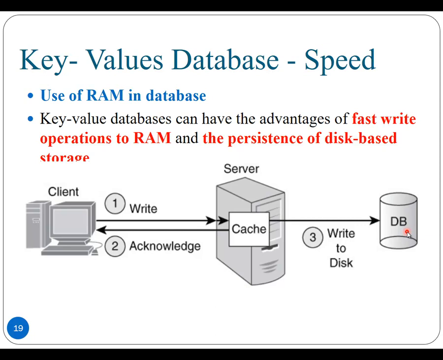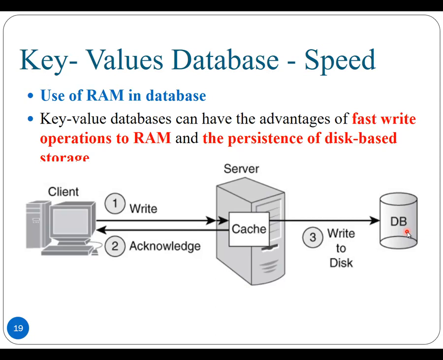Later, we write the data on the disk. So we can use the RAM memory to have faster write operations in the key value database. We do the operations in the RAM memory and then we save the result on the disk.